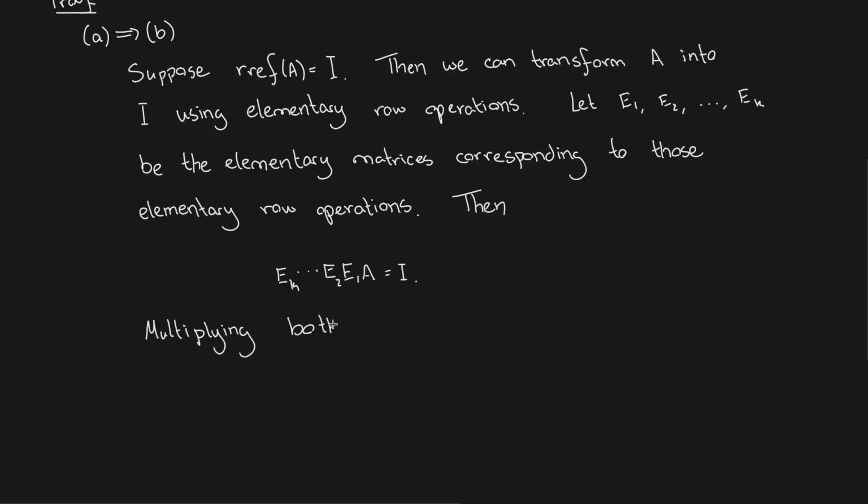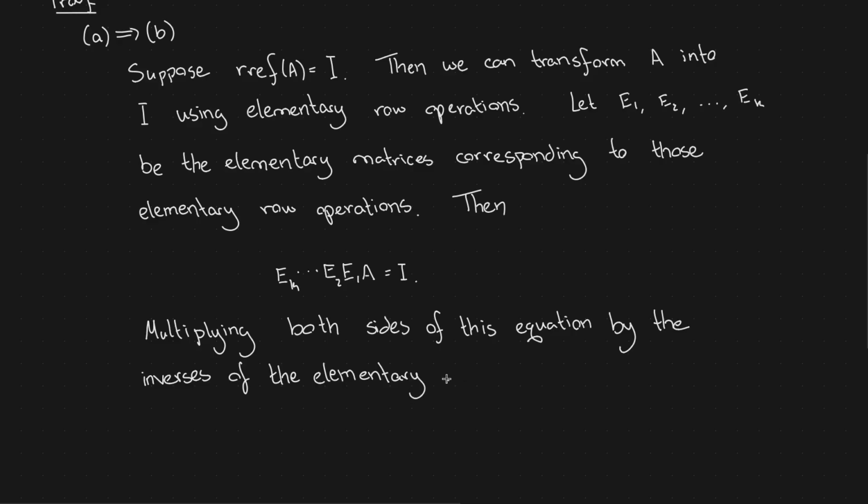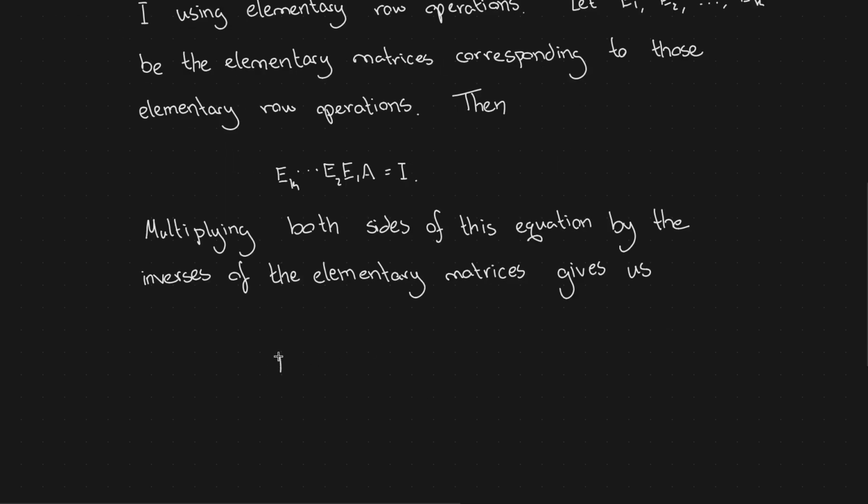Multiplying both sides of this equation by the inverses of the elementary matrices gives us, so on the left-hand side, I had what I had before, but I want to multiply by the inverses of these elementary matrices on the left side.